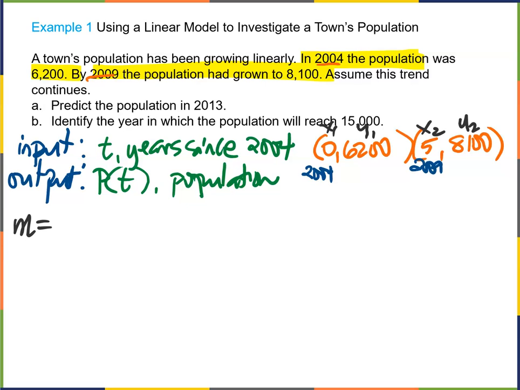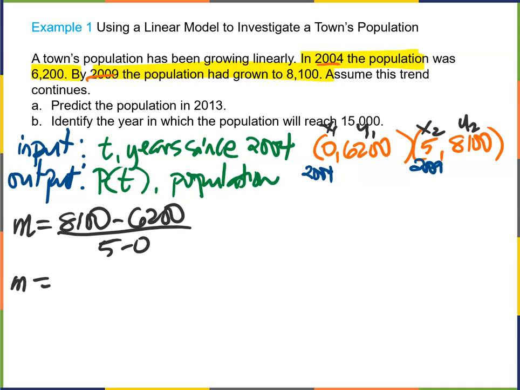So solve for the slope: 8100 minus 6200 over 5 minus 0, and 8100 minus 6200 is 1900, divided by 5, and that is 380. That's the population per year, or we can say 380 people per year.